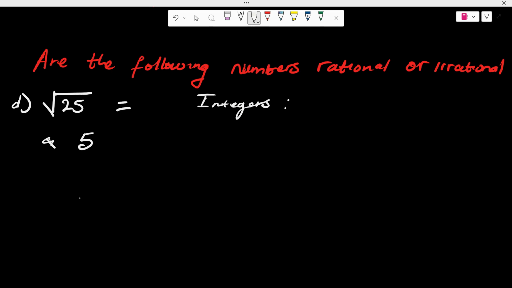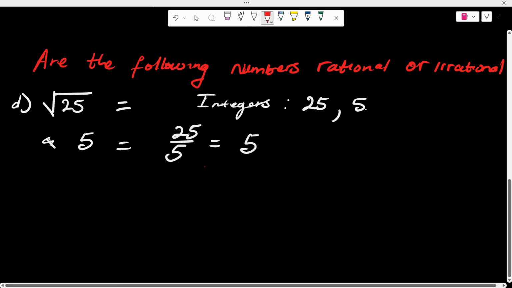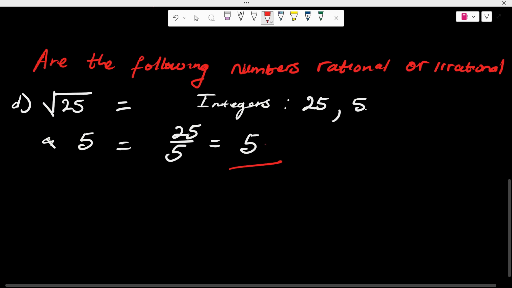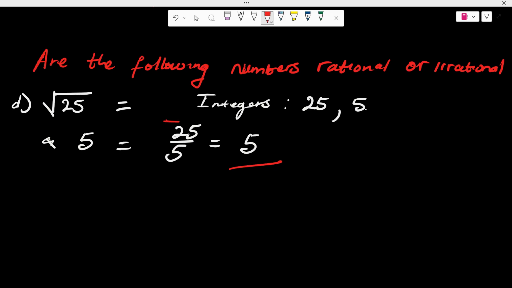Now we can just find a way to express 5 as a fraction, using two integers that when we divide them give us 5. 25 is an integer, and 5 is an integer. So 25 divided by 5, we get 5. So 5 is a rational number because it can be expressed as a fraction.